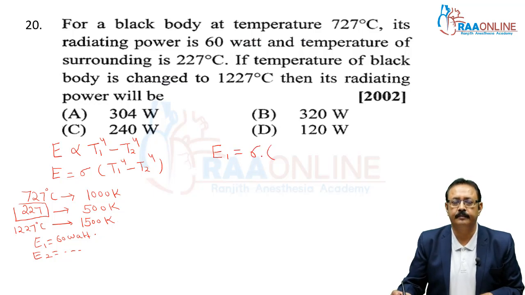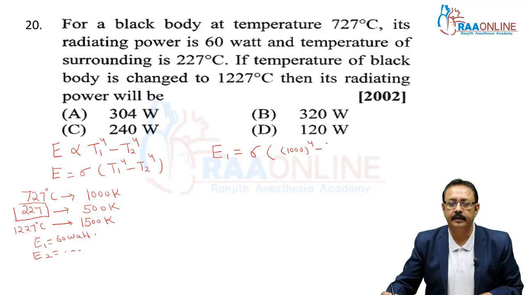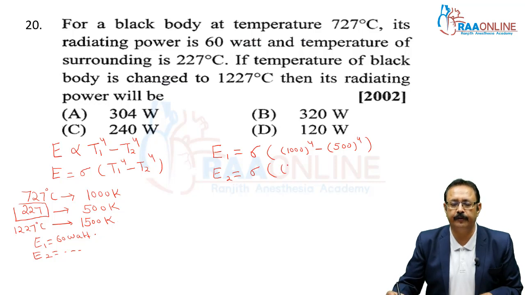Sigma times T1 raised to the power 4, means 1000 raised to the power 4, minus T2 raised to the power 4, means 500 raised to the power 4. What is E2? Surroundings are same, only we make 1000 into 1500, minus 500 raised to the power 4.